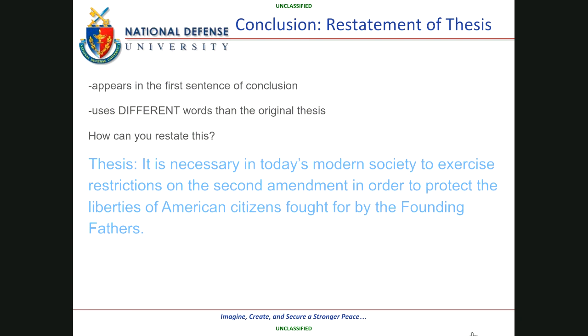It is necessary in today's modern society to exercise restrictions on the Second Amendment in order to protect the liberties of American citizens fought for by the Founding Fathers. Topic is pending. It needs more close attention. Max, what do you mean? Can you explain? Well, if we share our point of view and try to justify our position, we still have it as arguable in the society.